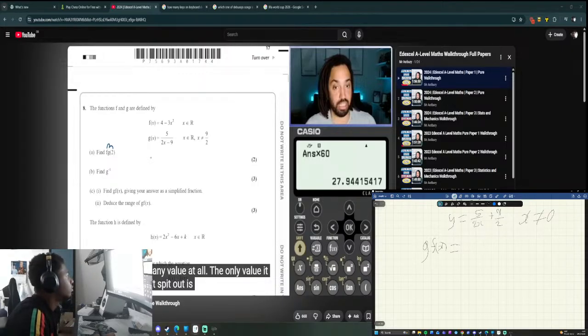So it's gonna be 5 over 2, and then x is gonna be 4 minus 3x squared, minus 9.